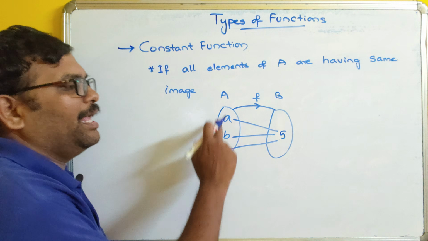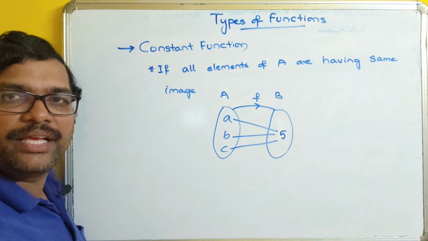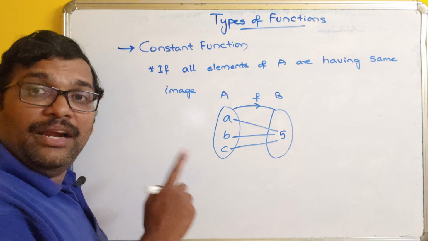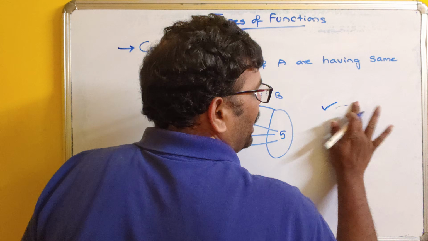All the elements of A are having the same image, then we can say it is a constant function. For example, this one. Is it a valid function? Yes, it is a valid function.